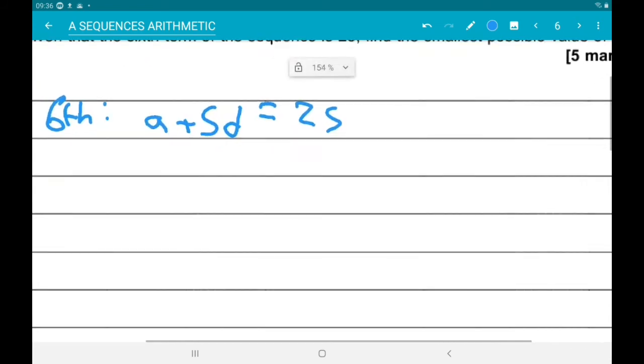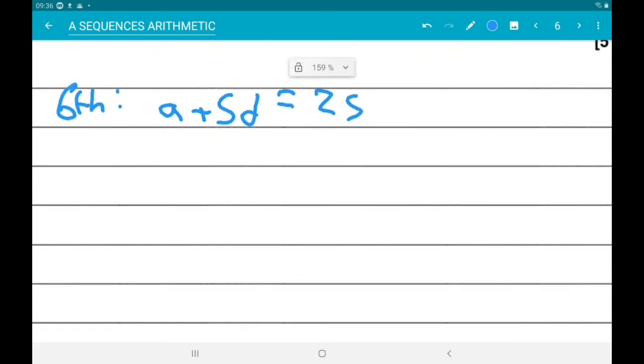Alright, so we're trying to find the smallest possible value of a. So we don't care about d.